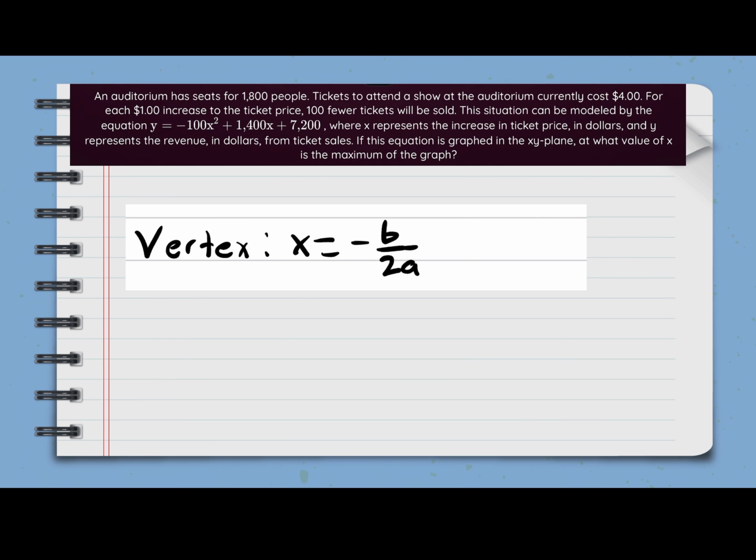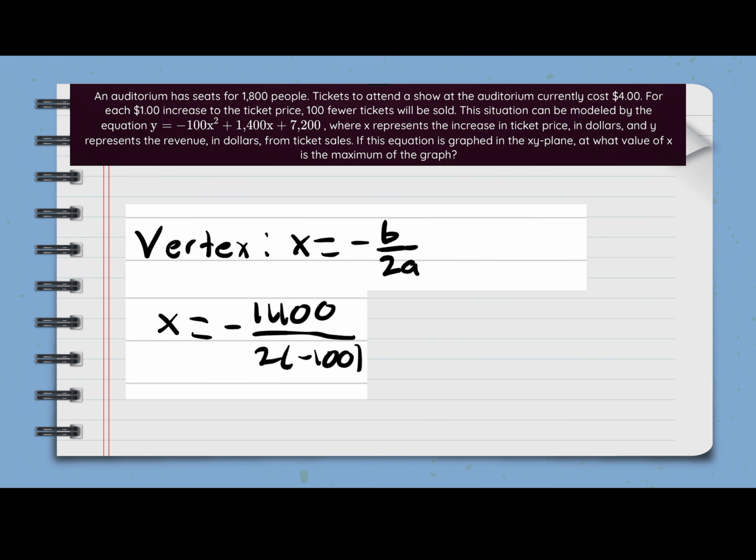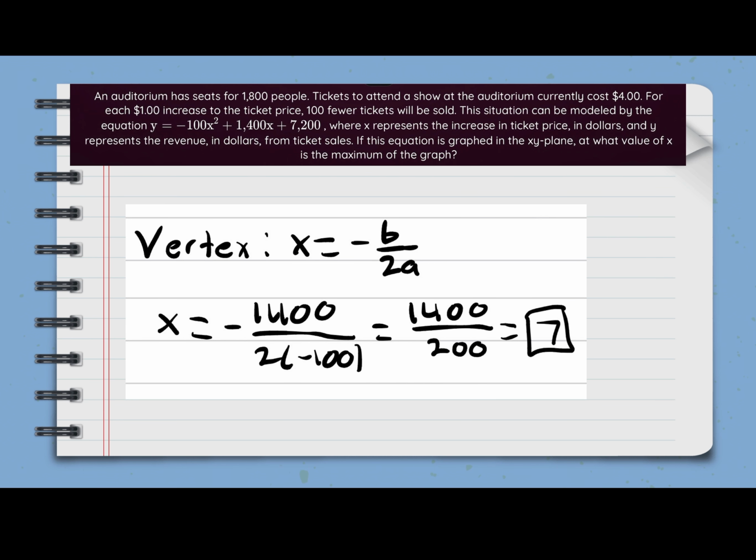Now, we are looking for x, so the vertex formula just works out better for us. I would recommend just plugging it into Desmos, but if you want to be sure and you want to use both and you have the time, feel free to do so. And then x will just equal 7. Now, again, this question does say the value of x of the maximum, so not the y value, okay? So be on the lookout for that.